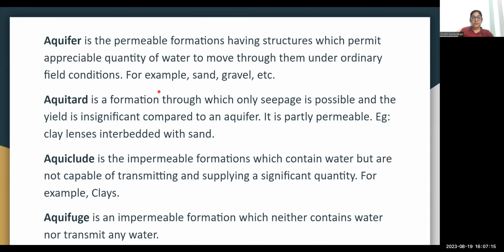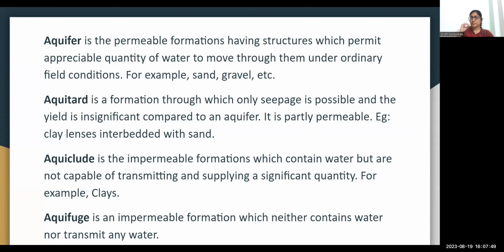So here you see aquifer, like I said, is a formation that can significantly hold water. It can provide water also. It can yield water also. Some examples of aquifer are sand, gravel, etc. Now, aquitard is a formation which can hold water, but water cannot transmit through it as easily as an aquifer can provide for. So, aquitard holds water, but the yield is very insignificant when compared to the aquifer.